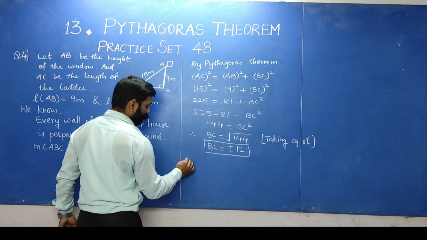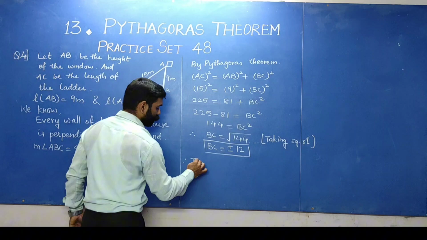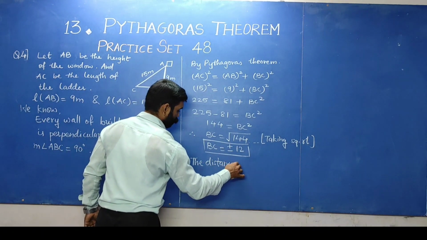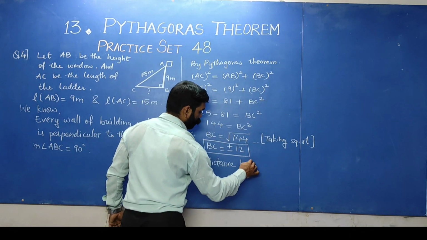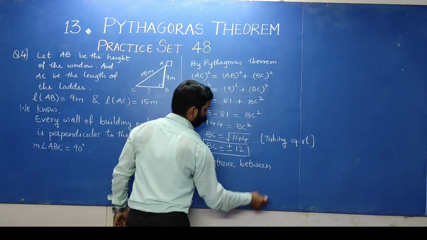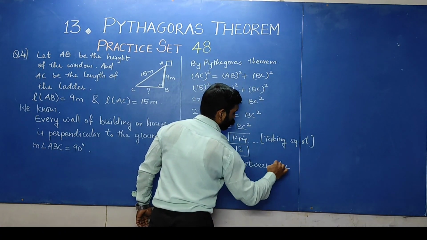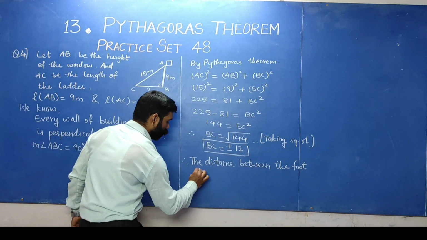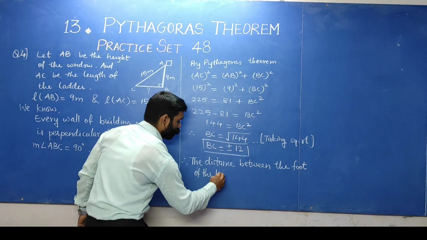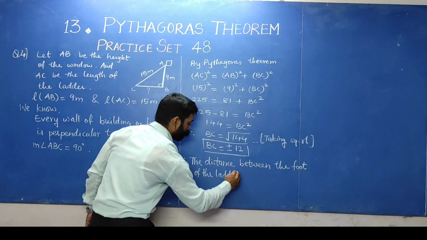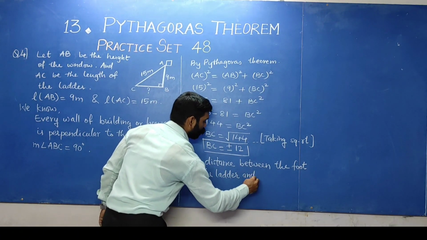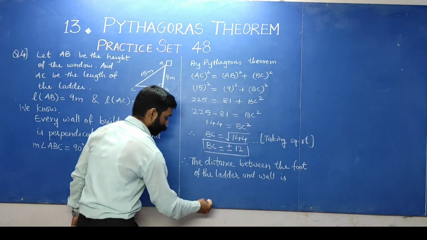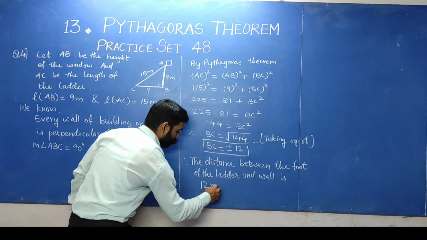Therefore the distance between the foot of the ladder and the wall is 12 meter.